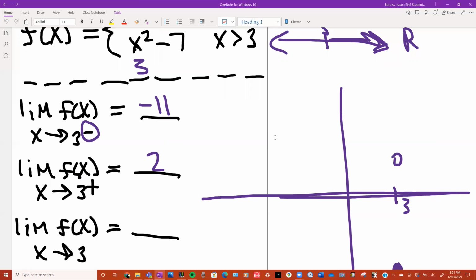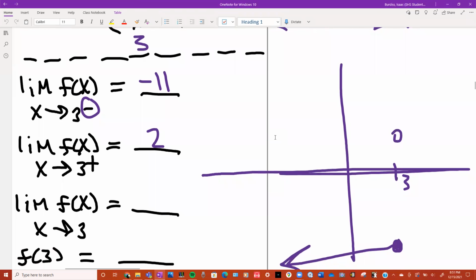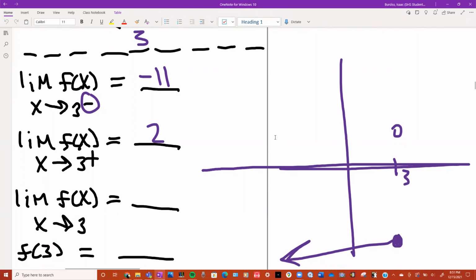For the closed dot one, the equation is -3x minus 2. It doesn't have to be exactly right, but we know that's linear, so let's just make it a straight line. And then the other one's a quadratic, and we can just do that. So that's not exactly right, but that's along the lines of what it is.